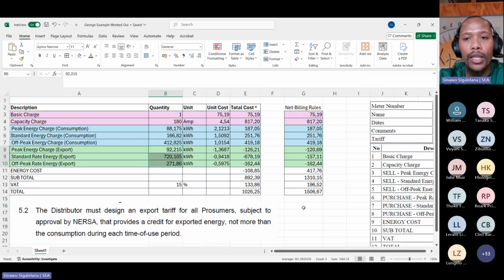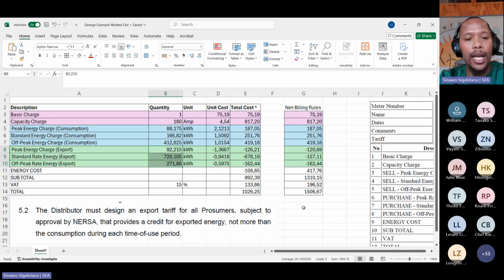You can continue just with the banking. At some point, in my mind, what's in the bank might deplete as the sun goes down. And most of our customers anyway, the bigger ones, they would rather have a battery before they give you back any of their excess. So I think sometime in winter, the banking might deplete, but of course, if you've exported lots in summer, you might have lots of banking.